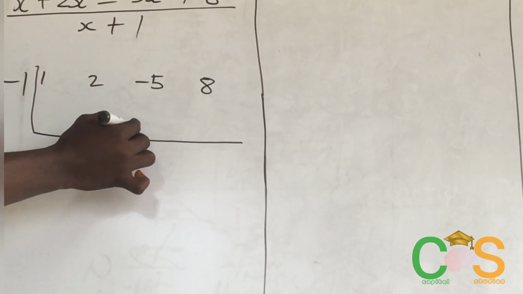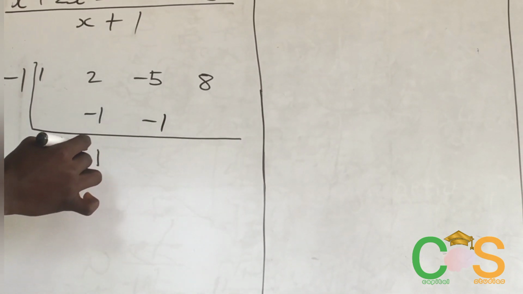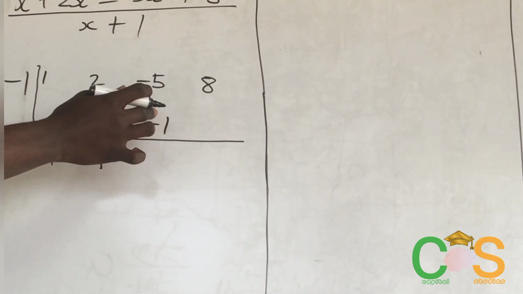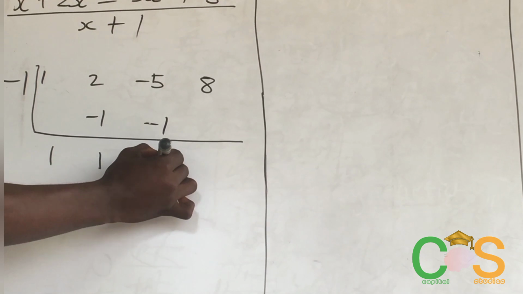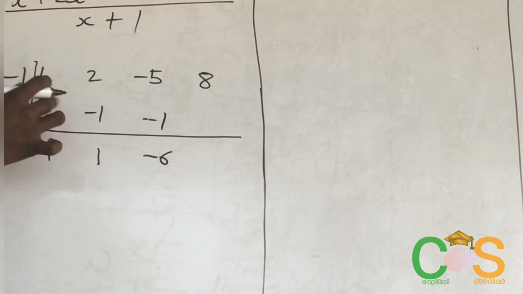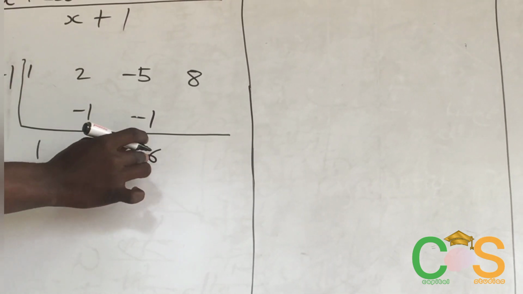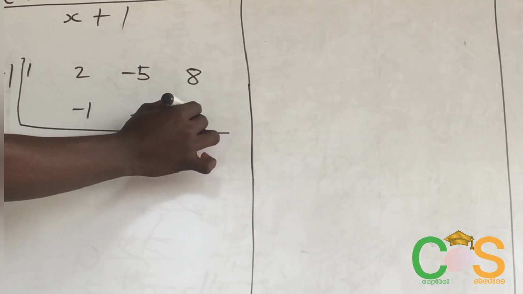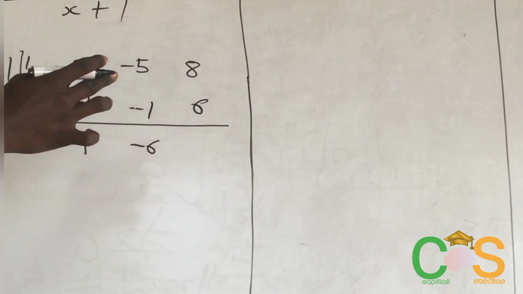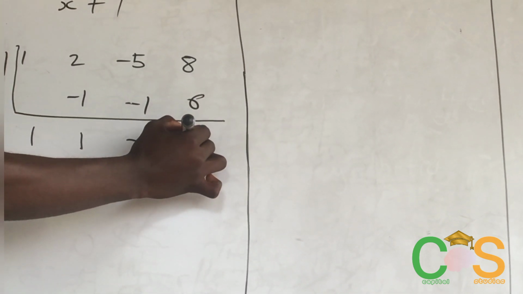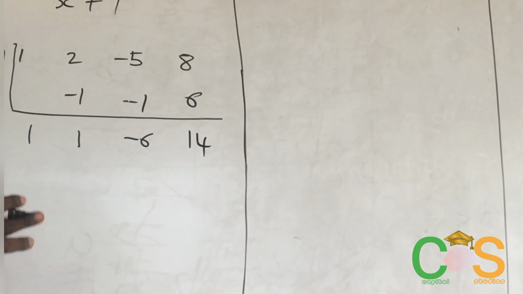Minus 1 times 1, write it beneath the minus 5, and then you add. Minus 5 plus minus 1 gives you minus 6. Then you do the same thing: negative 1 times the negative 6 is 6, written beneath the 8. And then you add it to the 8. So it's just a multiplication and addition method.